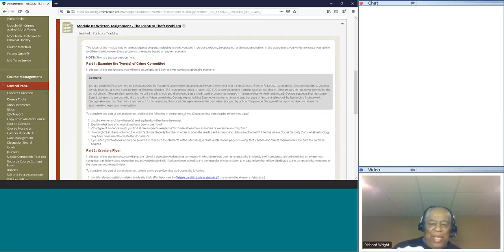APA, which means citations in the body, references at the end, a properly formatted cover sheet, and Times New Roman 12 should be the font that you utilize as well. And your margins should be appropriate as well. And so you're going to deal with each of these 5 points. You're going to deal pretty much with points 1 to 4.